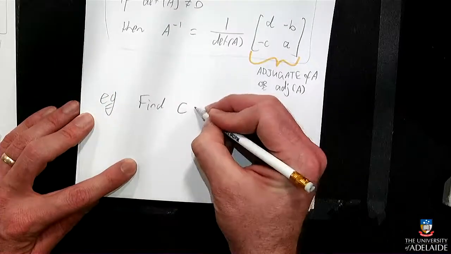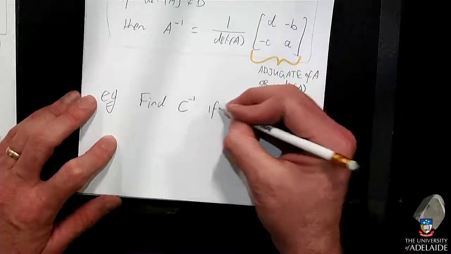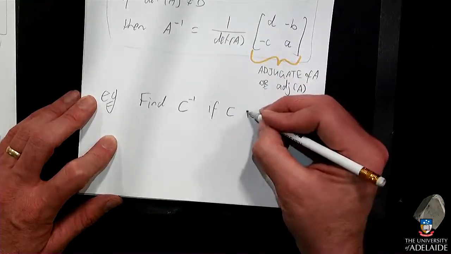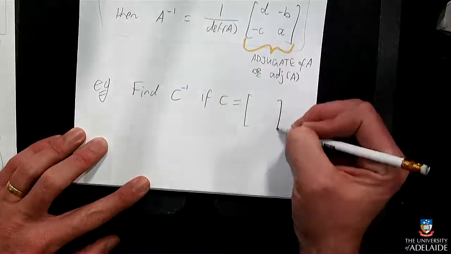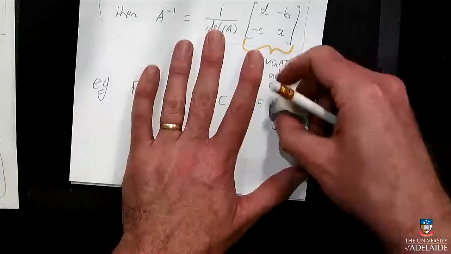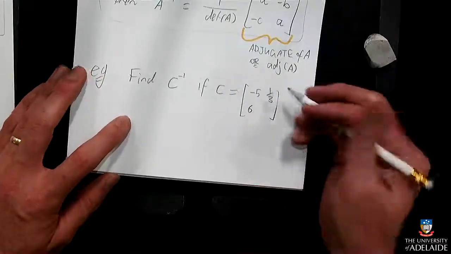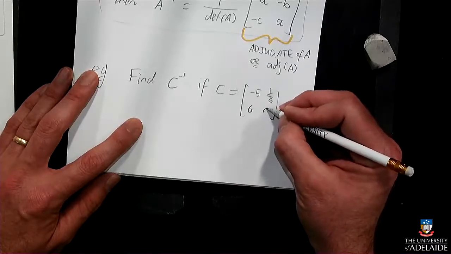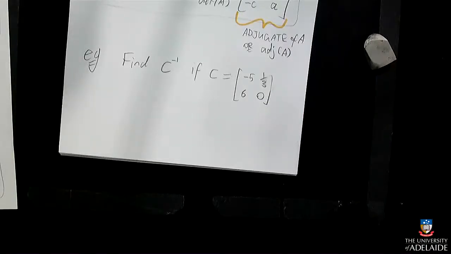I'm going to mix it up and call my matrix C. Find C inverse if C is equal to this matrix: minus 5, a third on the top and 6, 0 on the bottom. So first I need to find the determinant of C, and if that's not 0, then I can do this.